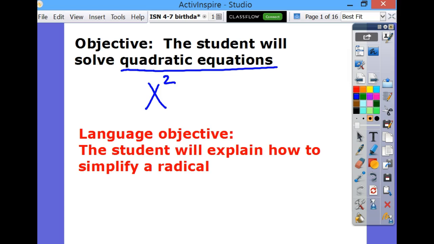The two ways that you can solve a quadratic equation that we have learned so far are factoring and the quadratic formula. Did you hear me say so far? There are some other ways that we are going to learn to solve quadratic equations, but those are the two that we have learned so far.